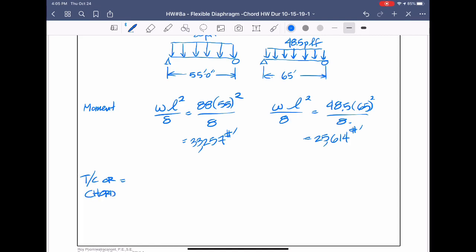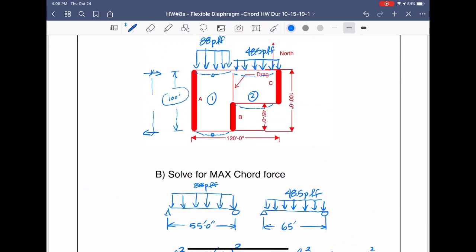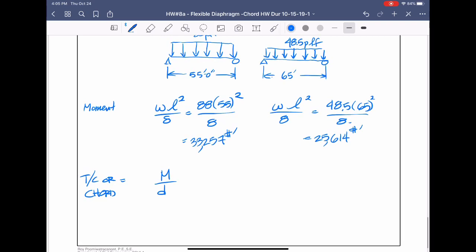is equal to M over D, which is the depth, right? Which right here would be 100. And for this one would be 55. So M over D, and this is M over D. Let's go M1, M2, D1, D2, which is then equal to 33,275 divided by 100.